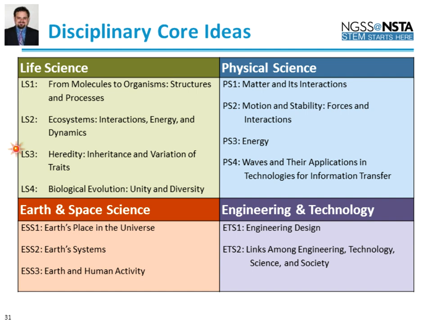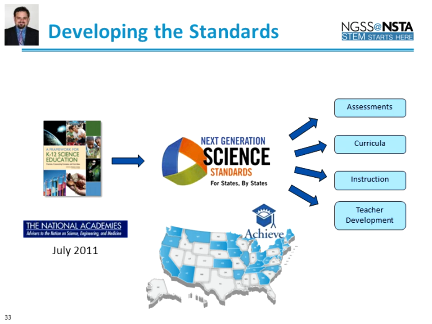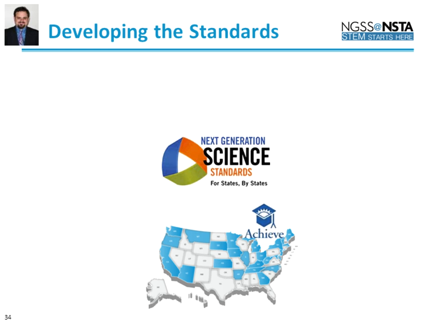We're today focusing on heredity, inheritance, and variation of traits, as described here. And that piece itself breaks down into subcategories, just like all of the different topics break down further into subcategories. So all of that was described in the framework, and now we're moving on to thinking about how it then fit into the standards itself.